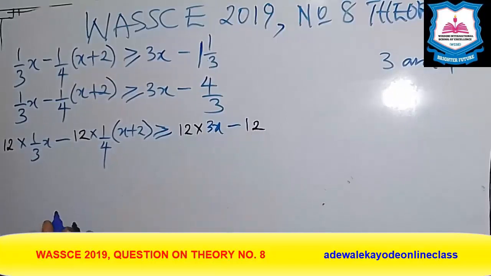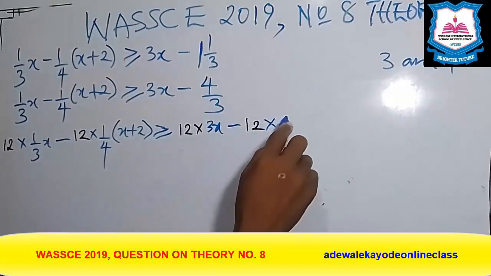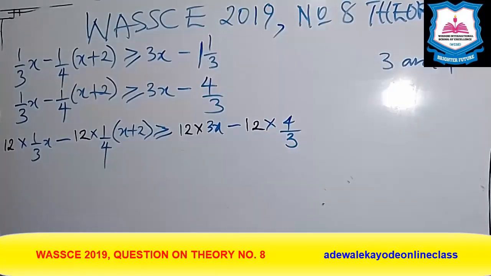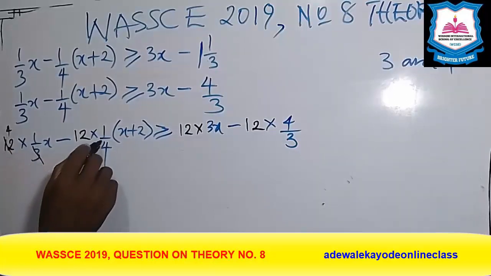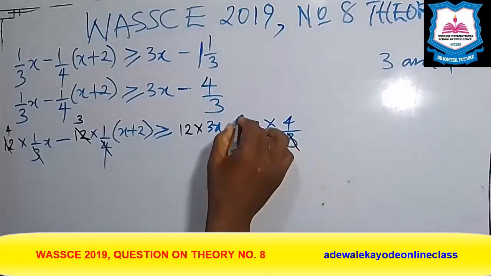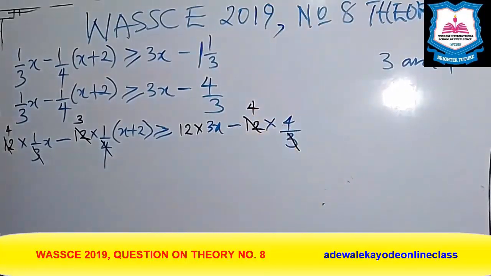Since we are to multiply through by 12, 3 in 12 is 4, 4 in 12 is 3, then 3 in 12 is 4. So within 1 minute, we have just cleared that fraction.